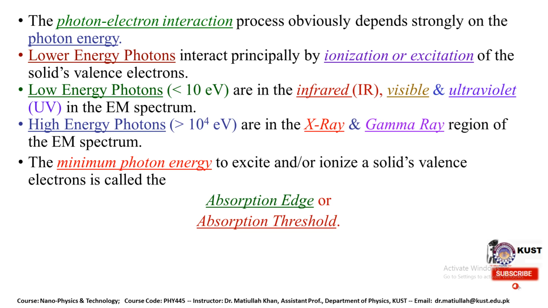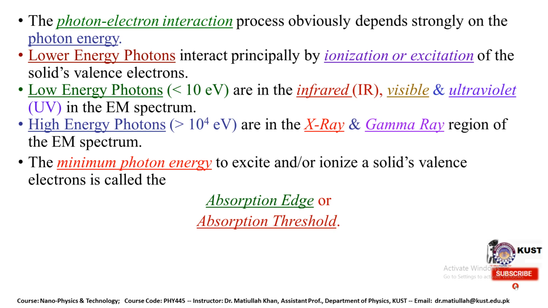So the photon electron interaction process obviously depends strongly on the photon energy. This is very important for us. Based on that energy, the photon might be absorbed, scattered, or transmitted.